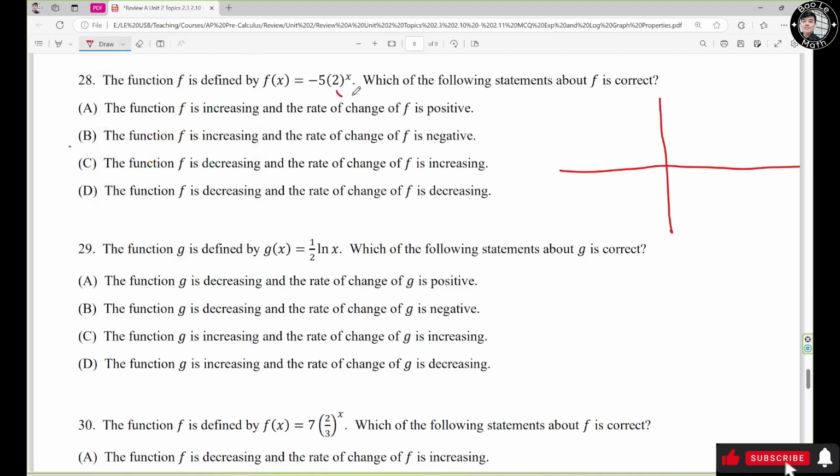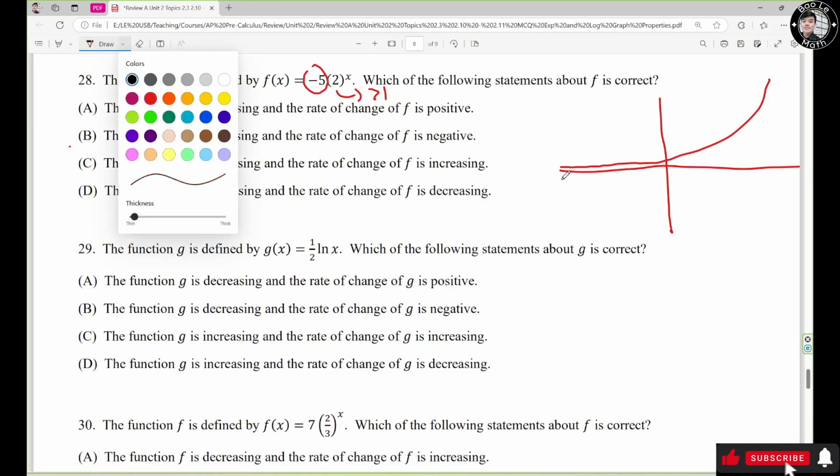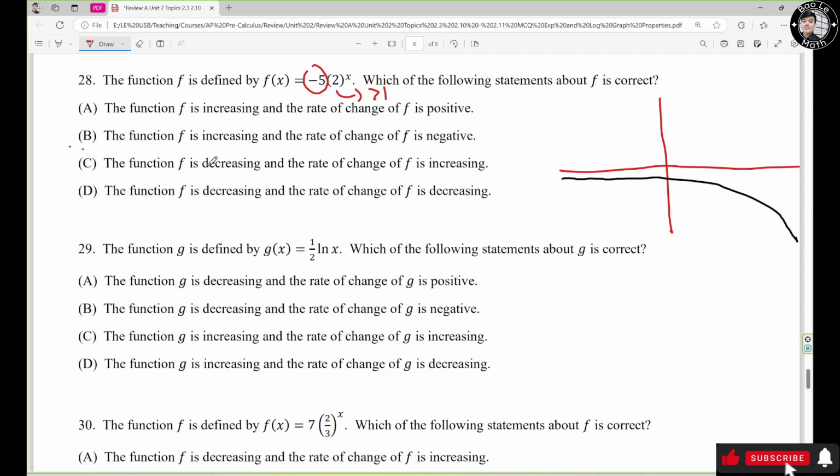Now, since b equals 2, greater than 1, this is an exponential growth function, right? So it can be something like this. Now, since a equals negative 5, there is a reflection over the x-axis, so it's going to be something like this. Now, in order to know if the function is increasing or decreasing, I'm going to draw the tangent line, right?